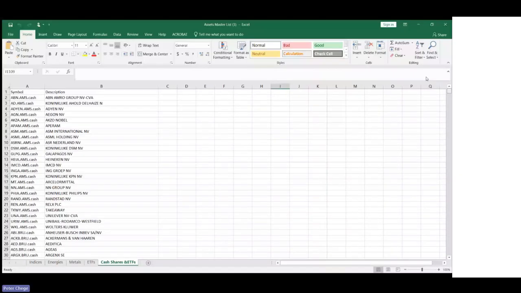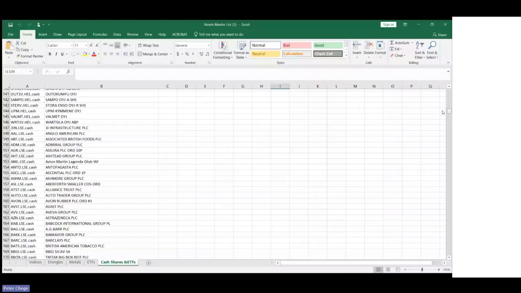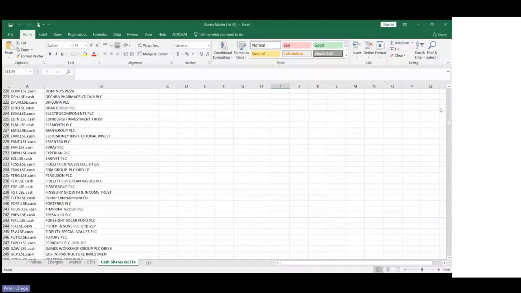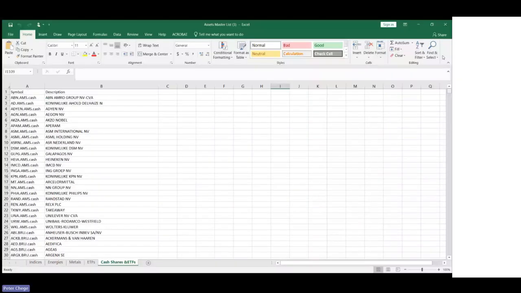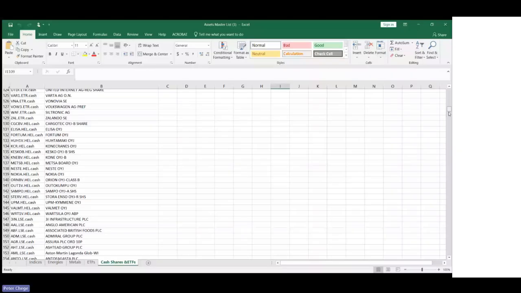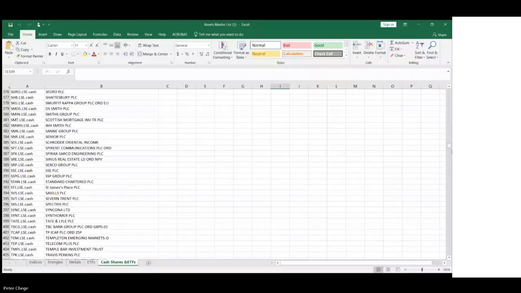So we are offering everything that is available in international markets. Most of them is the New York Stock Exchange. We have NASDAQ, London Stock Exchange.